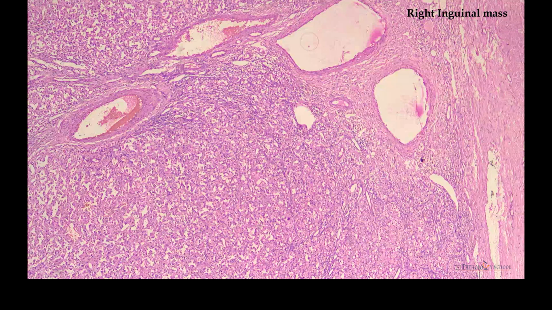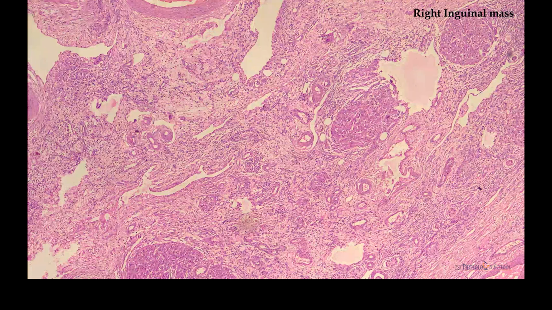Next. At the periphery of the section, we could see a lot of fibrovascular tissue, some smooth muscle, and some nests of tumor cells with a bland eosinophilic appearance, and some tubular structures.